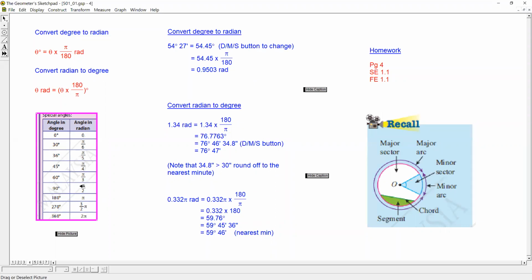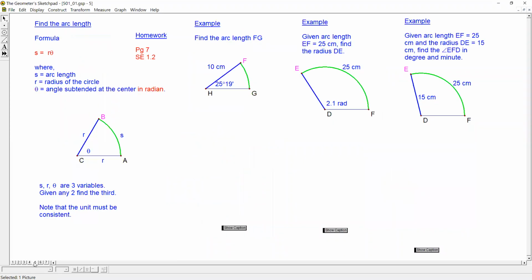Especially 90 degrees is pi over 2 radian, 180 is pi radian, 360 is 2 pi radian. These special angles, their conversions you have to remember. Okay, everybody here except maybe one.